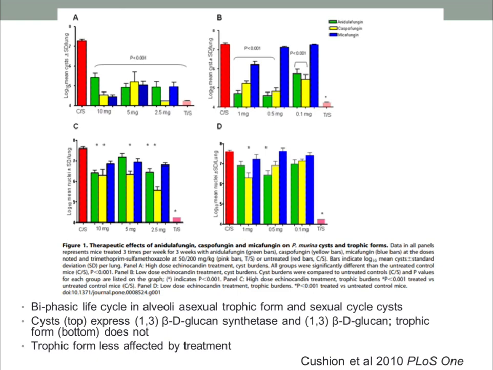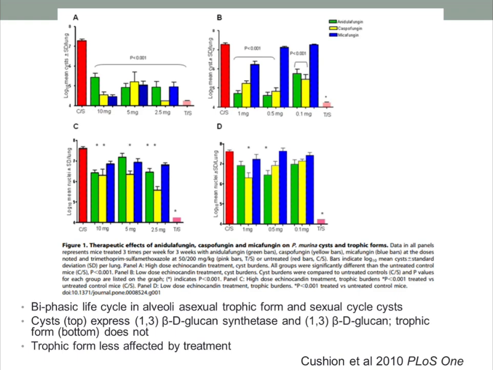So basically the organism that we talked about originally, when it was discovered in 1909, they thought it was a trypanosoma, and that has actually gone through the entire life cycle. It's still referred to as cyst and trophic phases. So the organism has a biphasic life cycle in the lungs. The trophic form, which is asexual, is the one that's predominant.